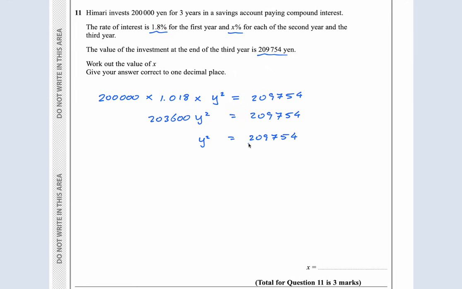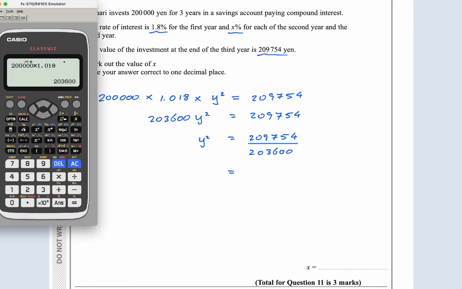So it's 209,754 divided by 203,600. And this is equal to 1.030225 or whatever.